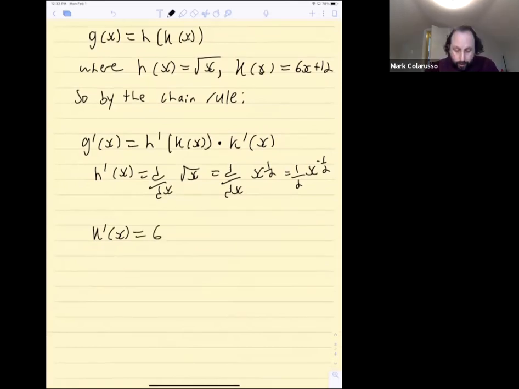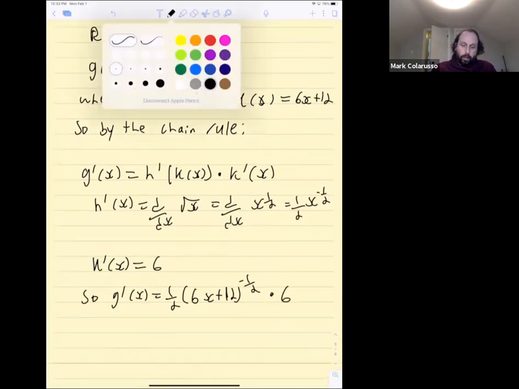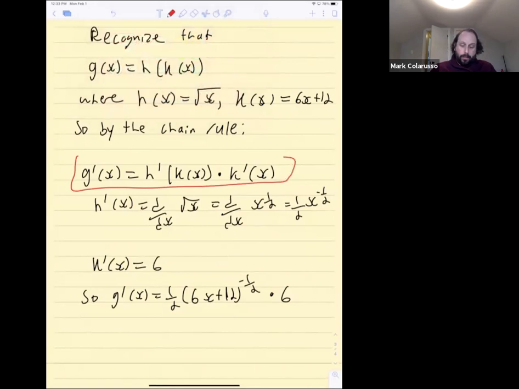That's pretty easy. So g prime at x is 1/2 x to the minus 1/2 evaluated at k, so it's 1/2 times 6x plus 12 to the minus 1/2, times the derivative of k, which is 6. That's what the chain rule says.